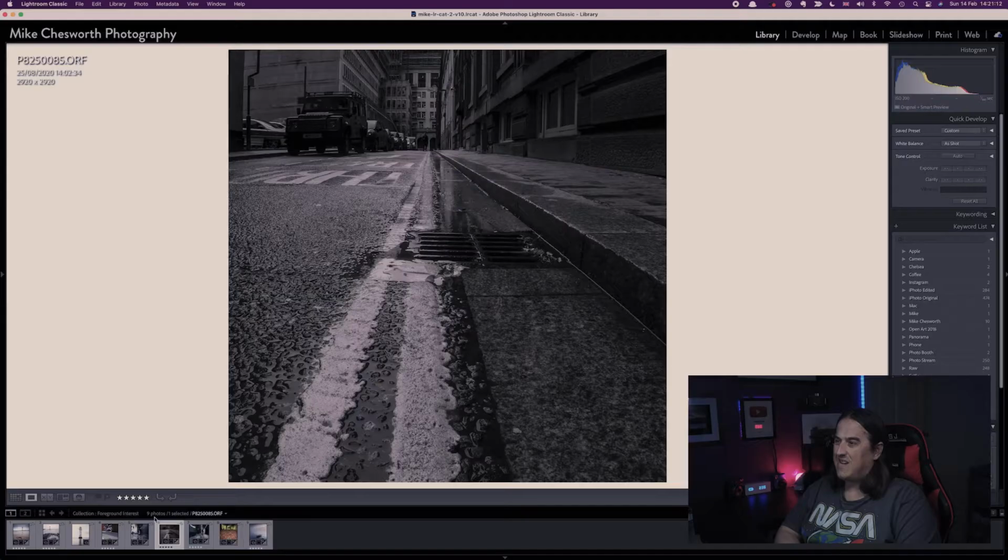On this image here, it's a photograph taken on one of the back streets in Liverpool, and I'm always asked about finding foreground interest in the urban environment and how difficult it is. I know a lot of people struggle with urban photography, because it can be quite chaotic and quite overwhelming.